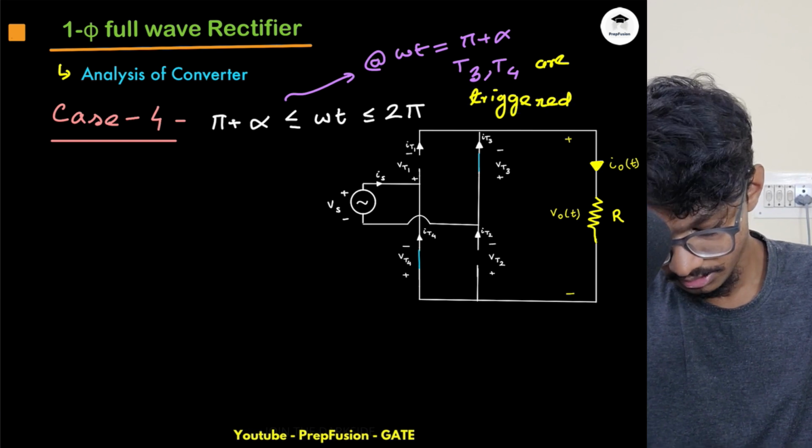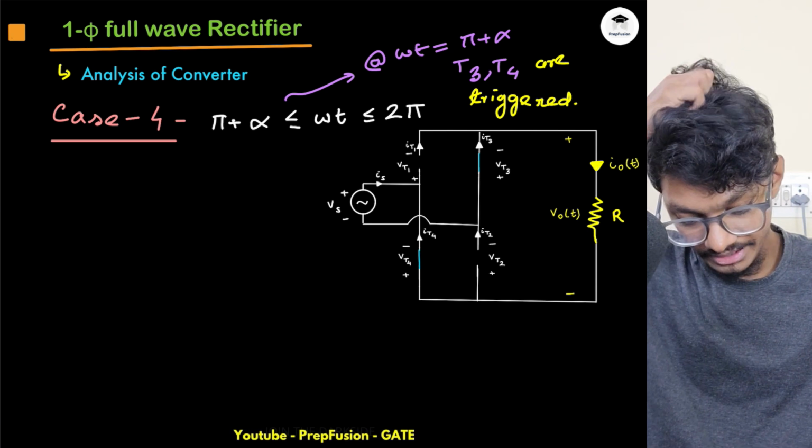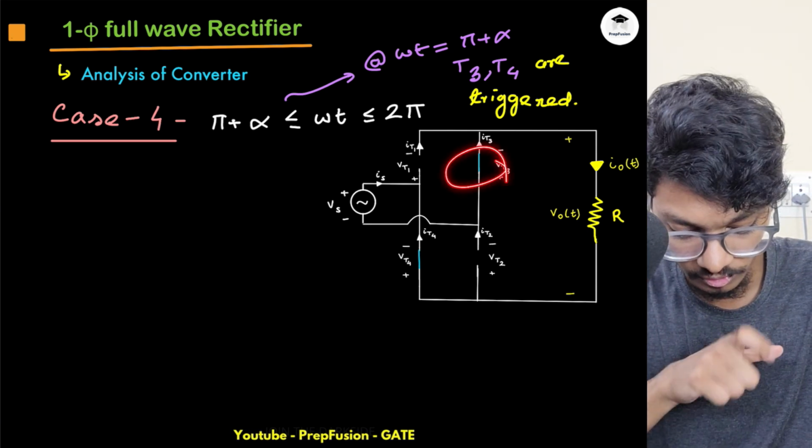So here T3 and T4 are triggered, and as I told you, they are in forward blocking mode, so they will instantly turn on.